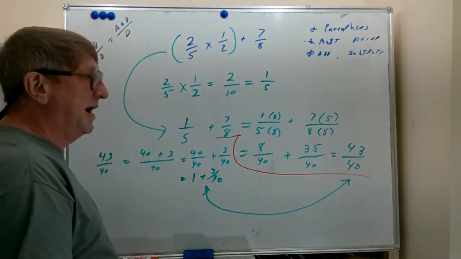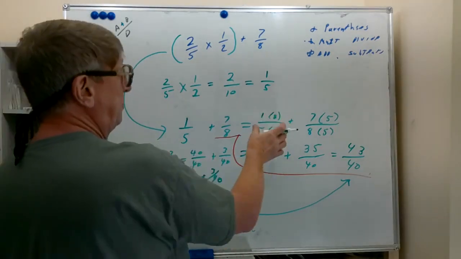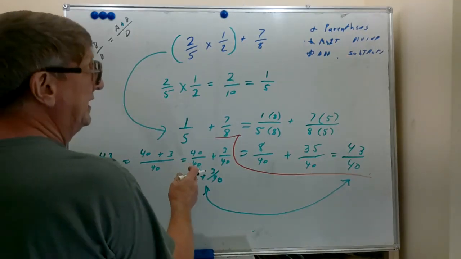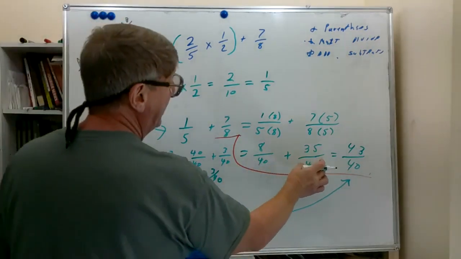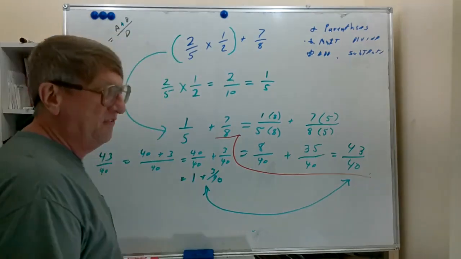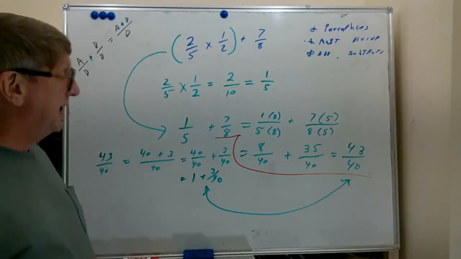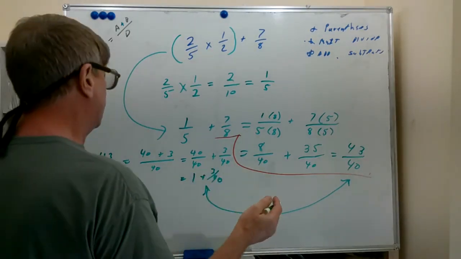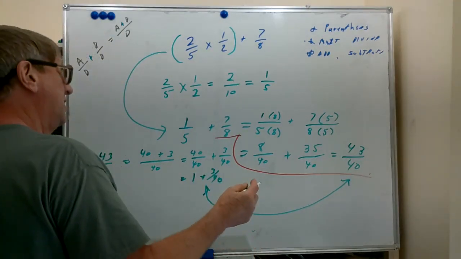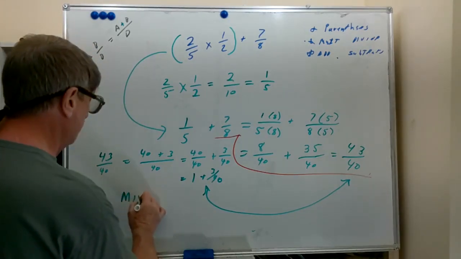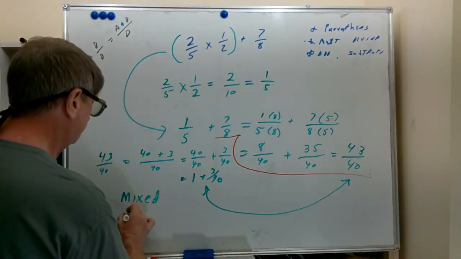Then we found the least common denominator, 40, used our proper multipliers to get it in 40ths. We added them up. We found 43 over 40 to be our answer, which we called an improper fraction. We looked at how we changed an improper fraction into a mixed number. Let's write that down. Mixed number.